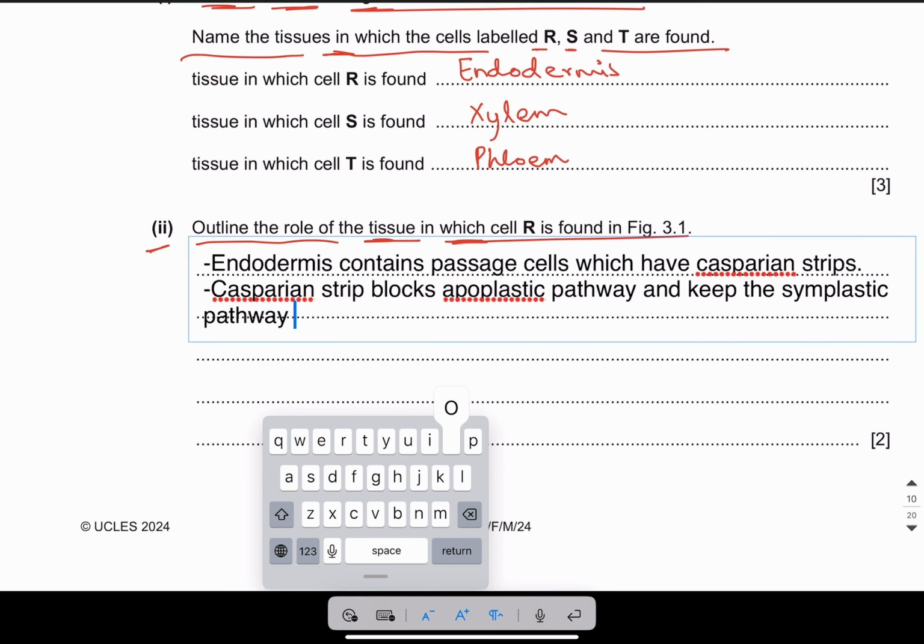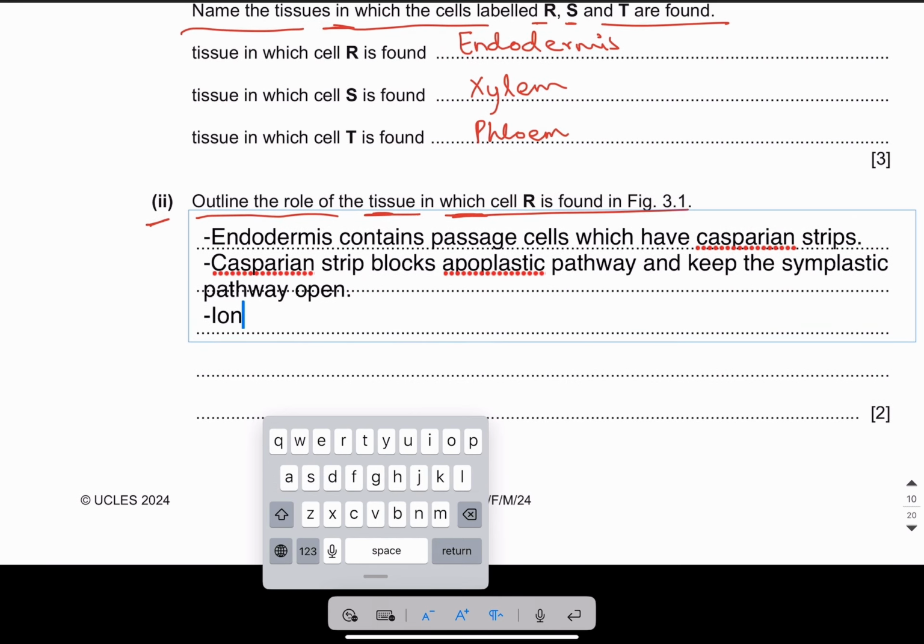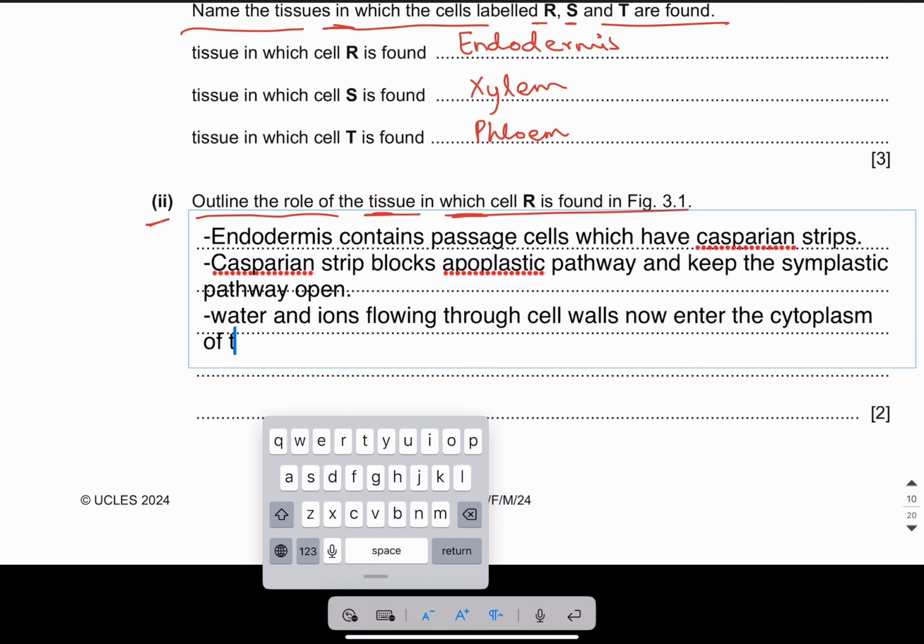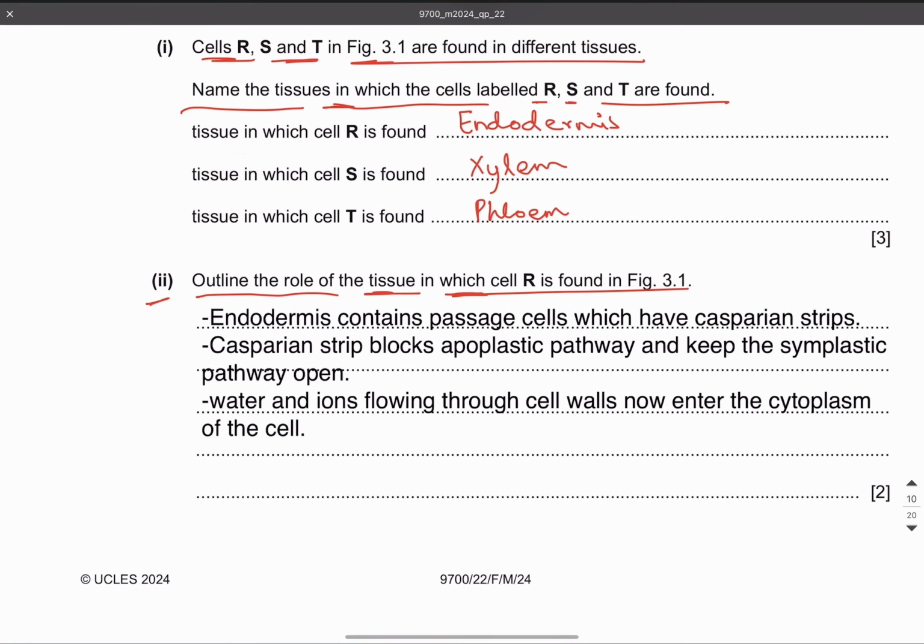So ions flowing, or you can say water and ions flowing through cell walls now enter the cytoplasm of the cell, right?